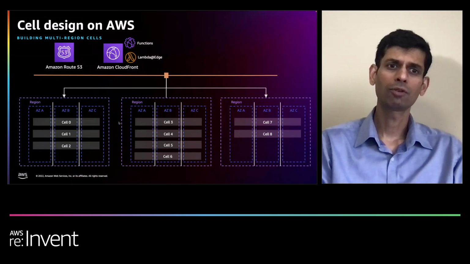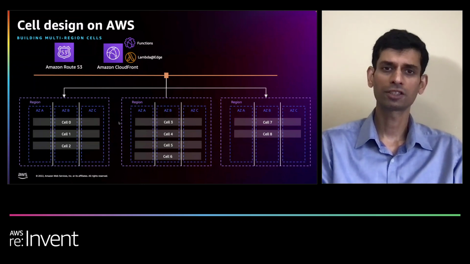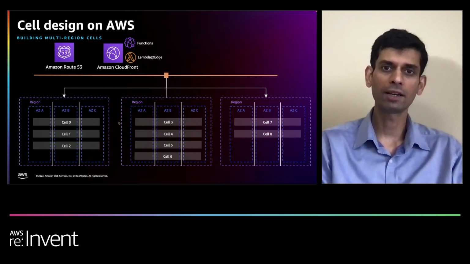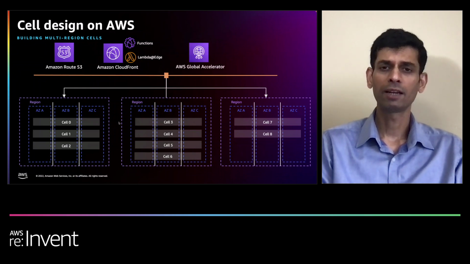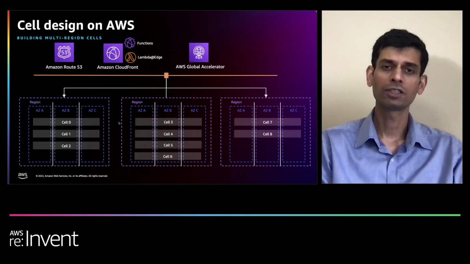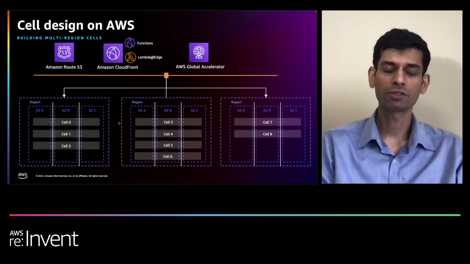Now, the main goal of a CloudFront CDN is to cache content and serve it from edge locations. But let's say your application requires users' traffic to flow all the way to the backend application, but you still want good latency performance, you can use AWS Global Accelerator. Global Accelerator is a networking service which improves the performance of your users' traffic by up to 60% by using the global network infrastructure.